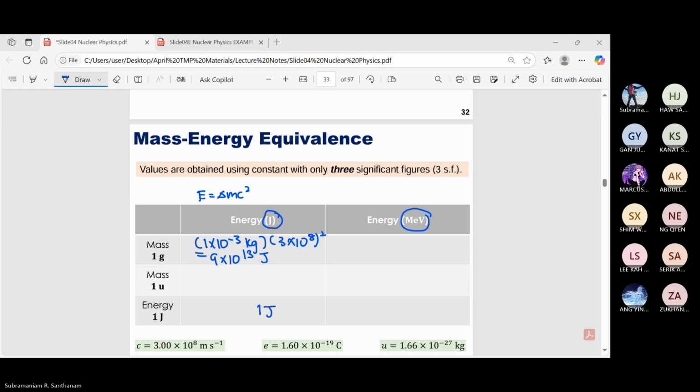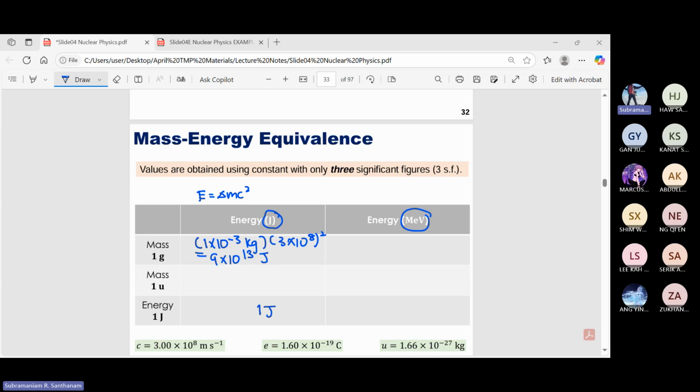Therefore, this can be cancelled, so we bring it up. Then it's basically 1 times 10 power of 6 mega electron volt. So from 1.6 times 10 power of minus 19 joule, we convert to 1 times 10 power of 6 mega electron volt.